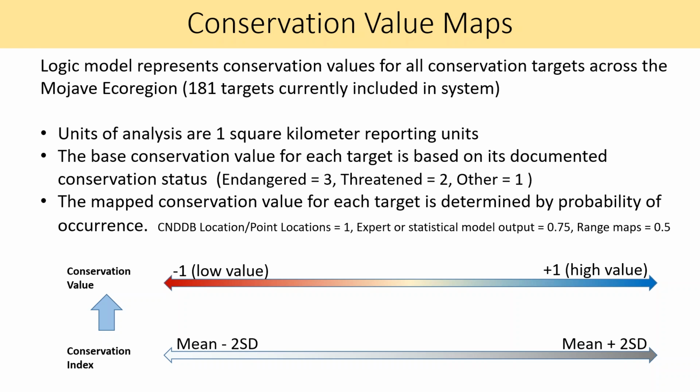But basically, we're creating a conservation value layer that demonstrates not only the conservation value, but also the level of confidence relative to those 3 different ways that we're portraying the distribution.